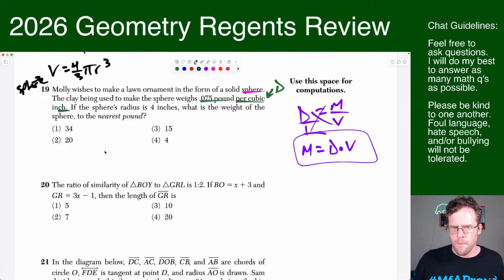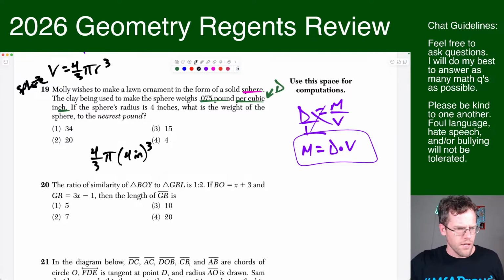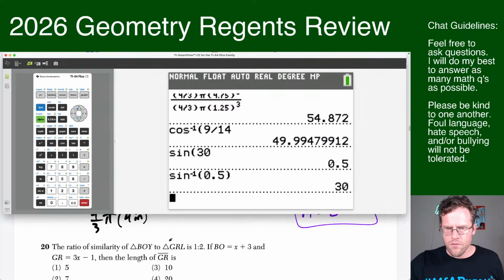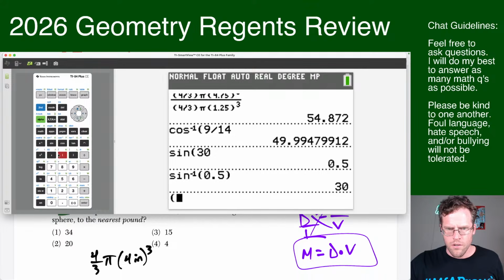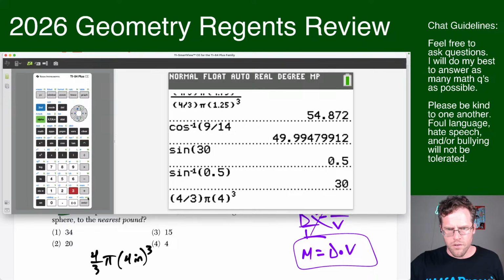Okay, so if I do 4/3 pi times 4 inches to the third power, I like to write the units just so you can see what's going on. So we got 4/3 pi, and then r is being raised to the third power.